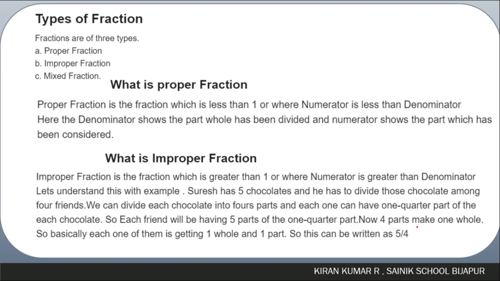Now 4 parts make one whole. So basically each one of them is getting one whole and a part, and it is written as 5/4. If we have 4/5, it becomes a proper fraction. 5/4 is an improper fraction.